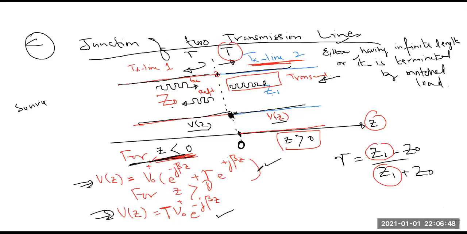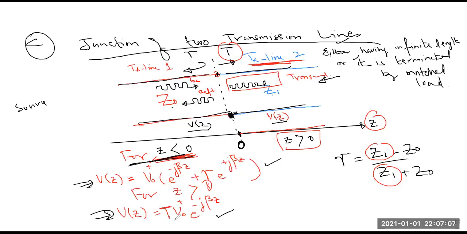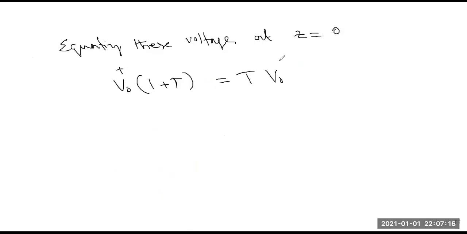At z equal to 0, this is 1, this is 1. So you get V naught plus into 1 plus gamma. This must be equal to the result of the other expression at z equal to 0, which becomes 1, and you get T into V naught plus. So V naught plus will cancel out.